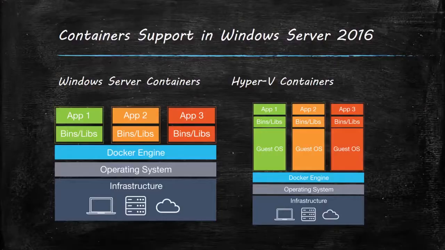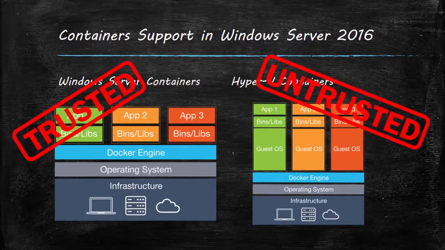You might have a process that you don't trust, and you want to run it inside of a container. You might have a third-party app that you don't control, supplied by somebody else.